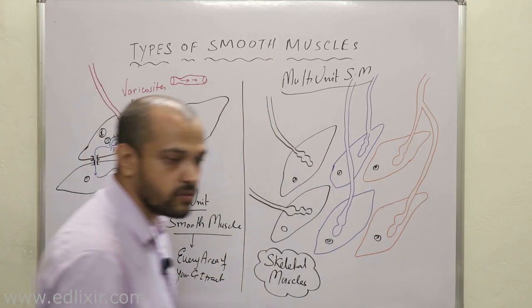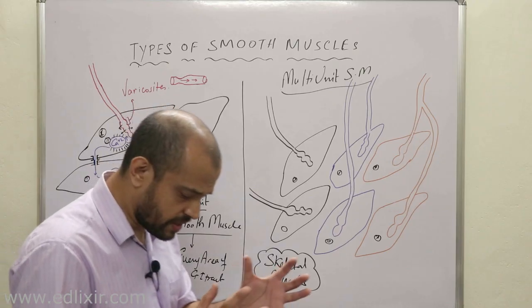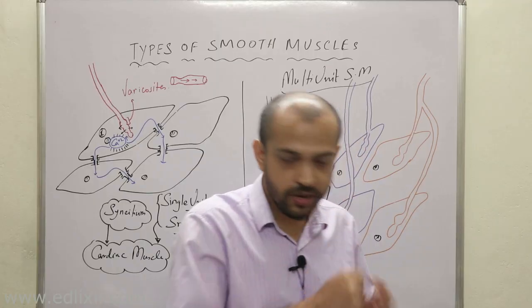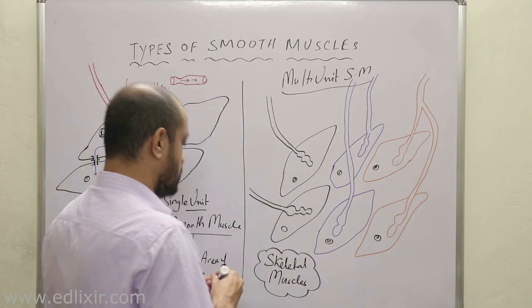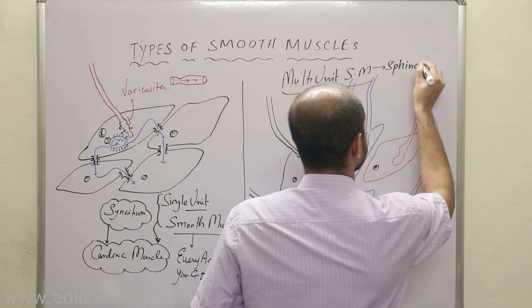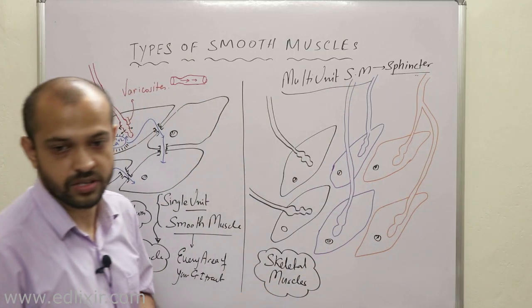Now where do we require these types of muscles? When we require a high grade of contraction for a longer period of time, the body employs multi-unit smooth muscle. You need it in your sphincter muscles. Every sphincter muscle of your body has multi-unit smooth muscle.